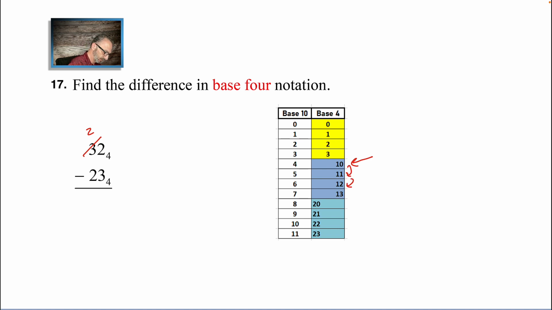So I'm going to write 12. Think about it. I do have 2 units. But I borrowed 1 four from 3 fours. So I do have 1 four and 2 units, which counts as 12.